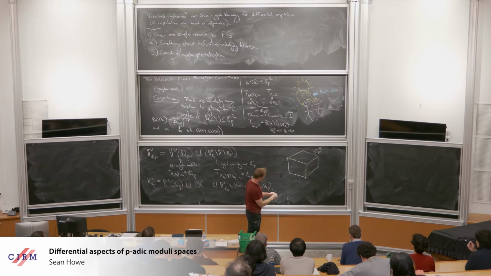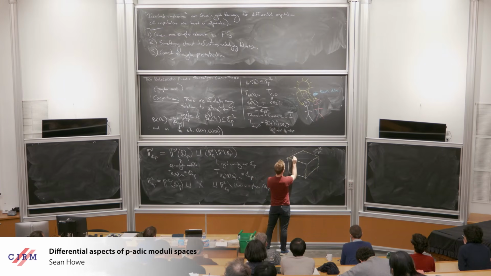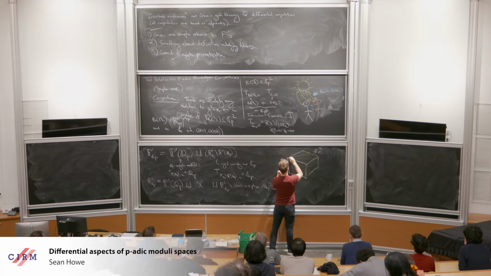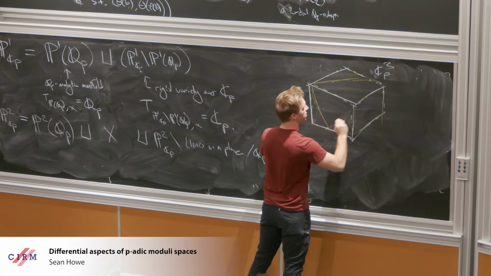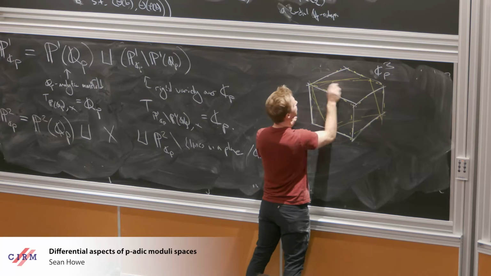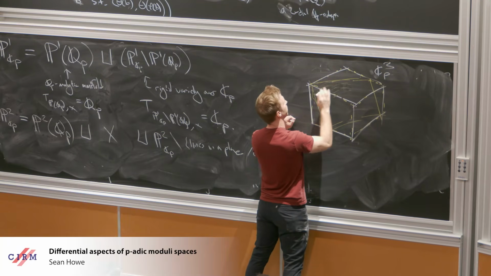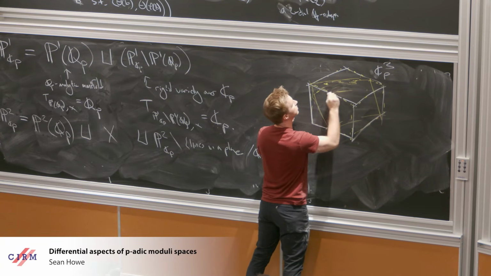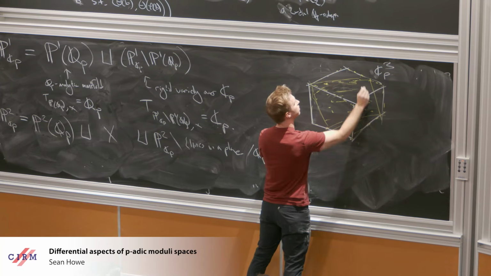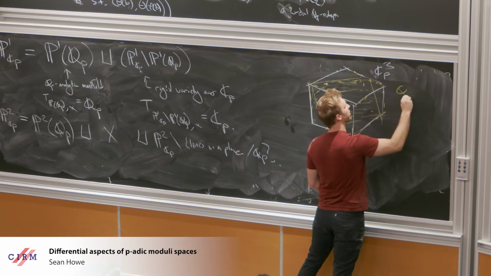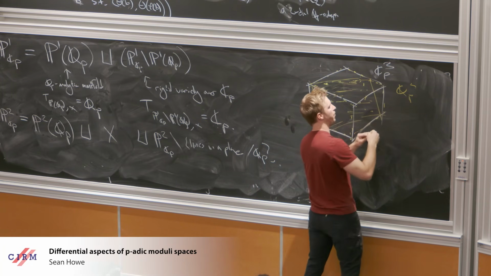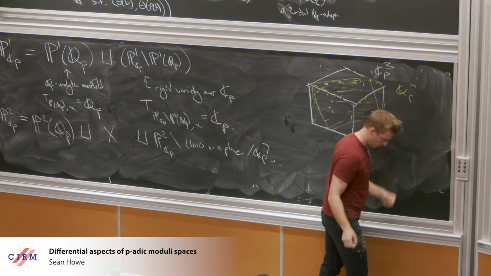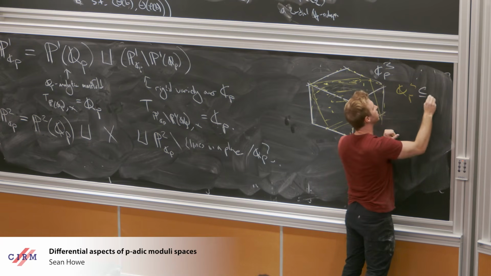What is a plane that's defined over QP? I would pick some of these points and draw the plane between them. Okay, so I shouldn't really fill that in. So this is a plane over QP squared, a copy of QP squared inside of CP cubed.